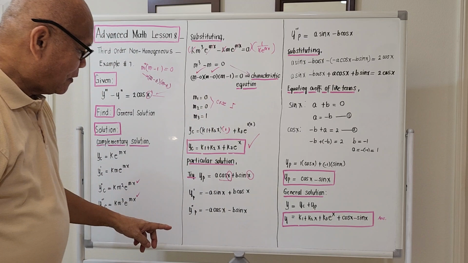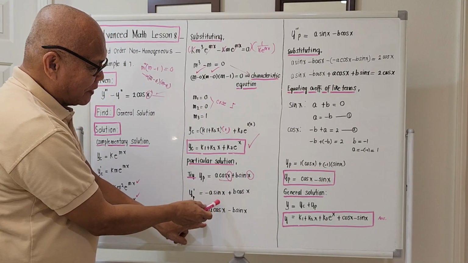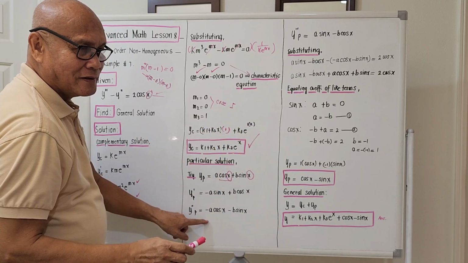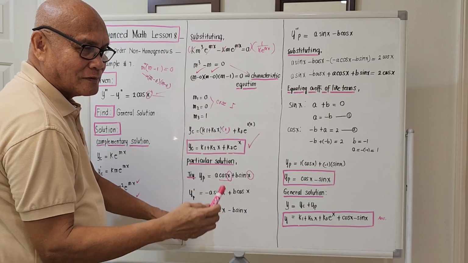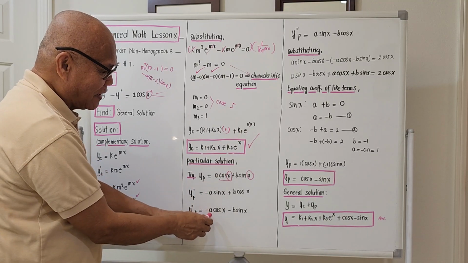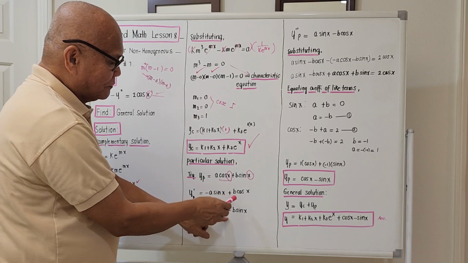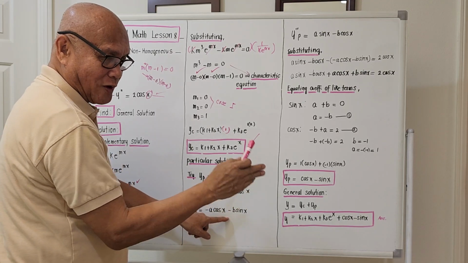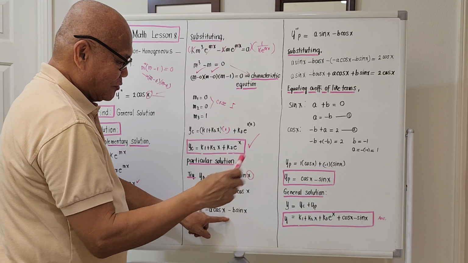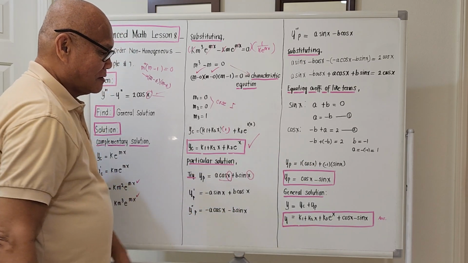Y double prime of p, we'll take the derivative of the first derivative. The derivative of sine is plus cosine, so the sign of it will just be simply negative times a, will be still a negative a cosine of x. For the second part, the derivative of cosine now will be negative sign. So a plus and a minus, this will become minus now, minus b sine of x.